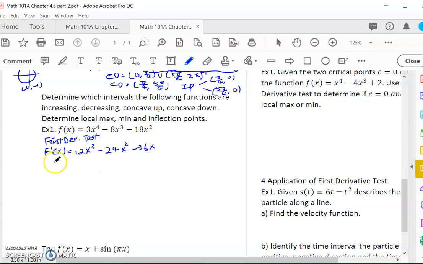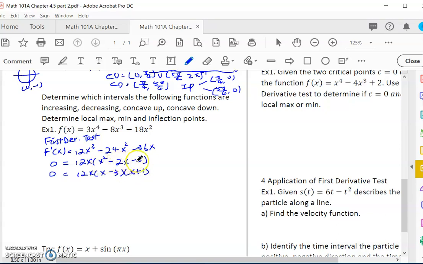Do the first derivative and set it equal to 0. So factor the 12x out: x squared minus 2x minus 3. And it is factorable: 12x times (x minus 3) times (x plus 1).